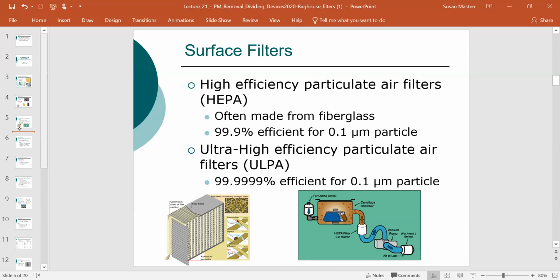And then we can have ultra high efficiency filters. These are more likely to be used in a laboratory or a hospital, where it's critically important to remove these particles, especially when you're talking about viruses. These have a much higher efficiency.